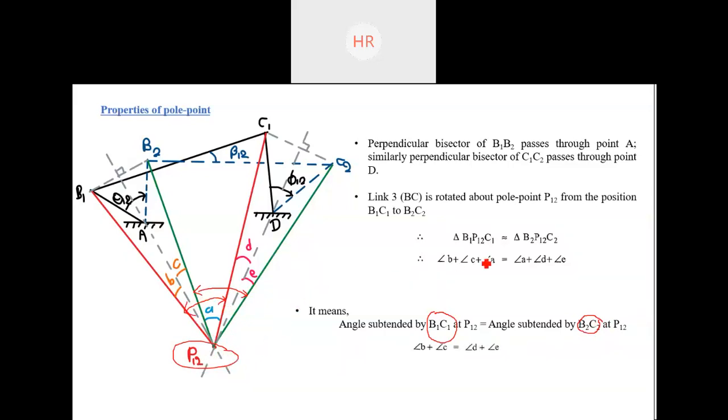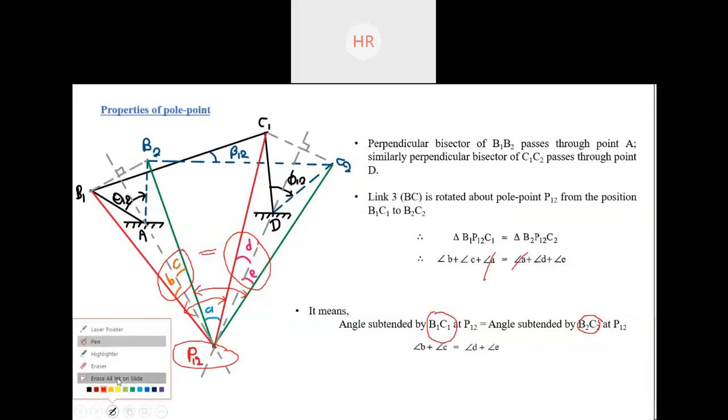So you can say if these are equal, so you can see that angle B plus C is equal to angle D plus E. These are same.